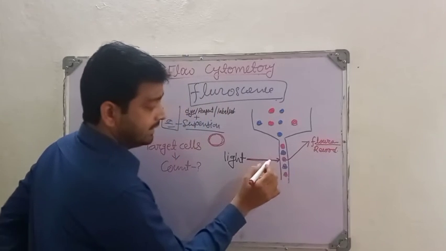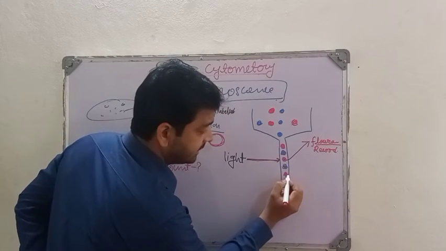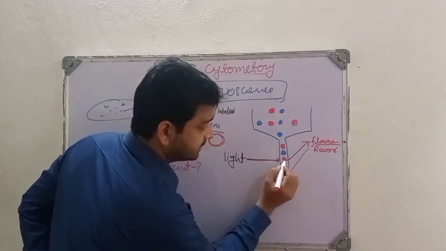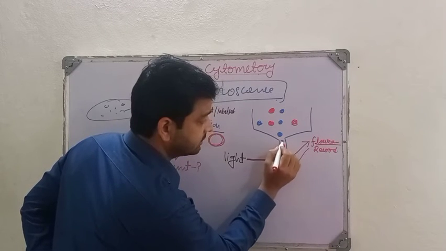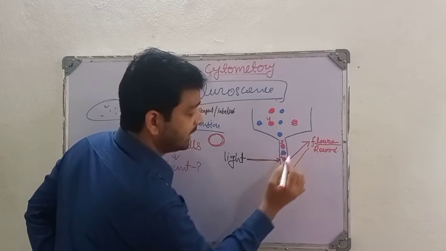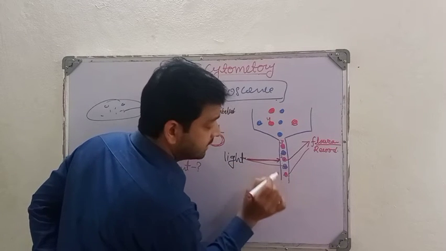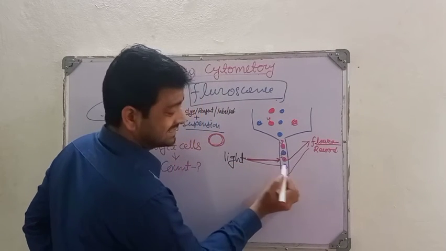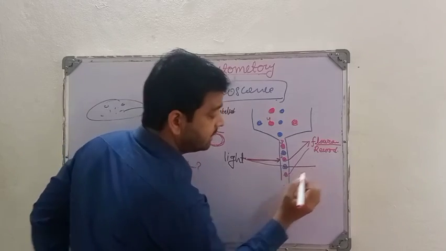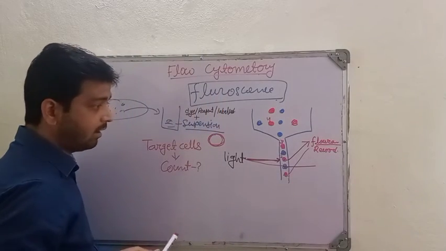Then this one has given a fluorescence, the second one is giving, the third, the fourth, and so on. Whenever the light passes through the green type of another cell, it gives another type of fluorescence.